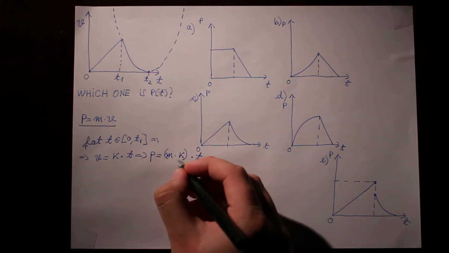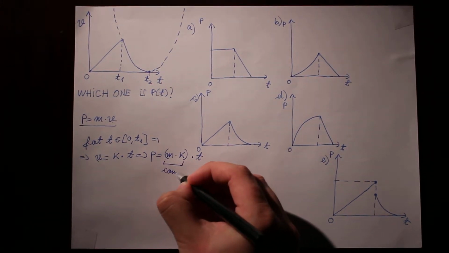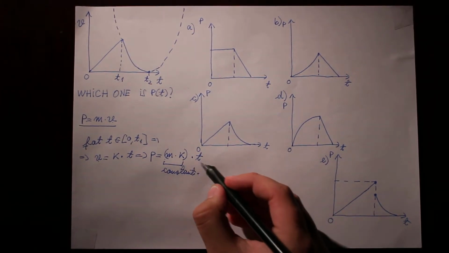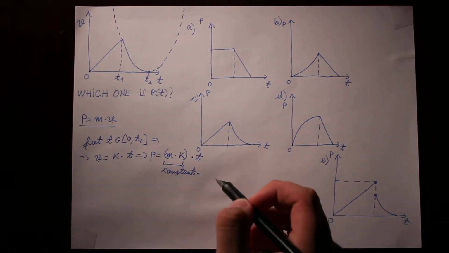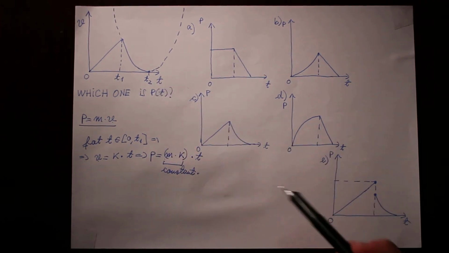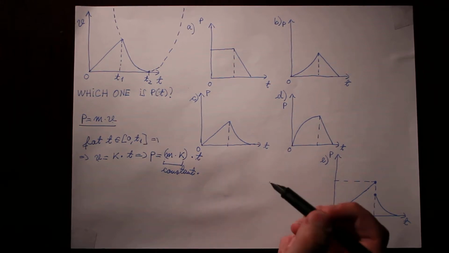Now, m times k is a constant, multiplied by t, which is again a straight line going through the origin. So we can look at these options and reject the ones that don't meet this property.